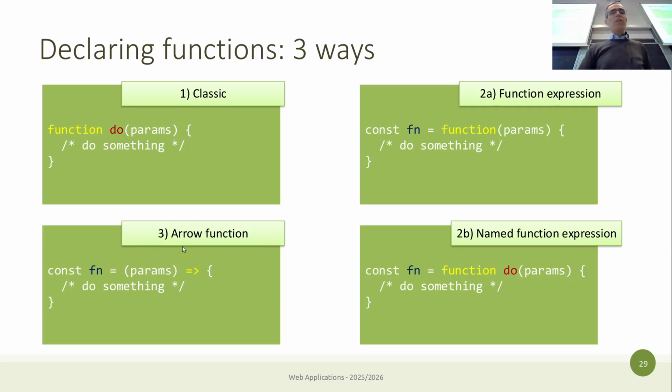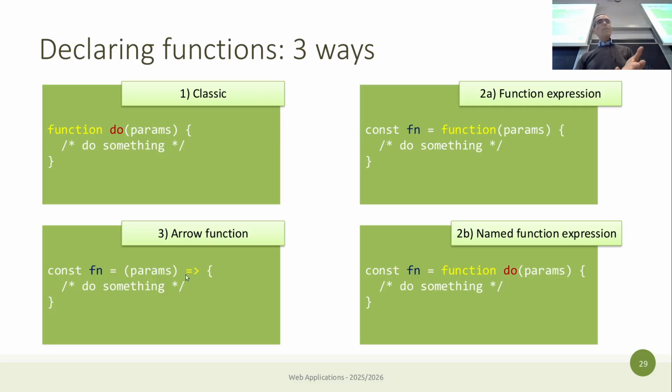The last way of defining a function is the arrow function. A very, very common idiom in JavaScript. This arrow is actually not a real arrow. It's just an equal and a greater than sign, just two characters. You define a set of parameters, and of course you have a block of code where you can write your code.